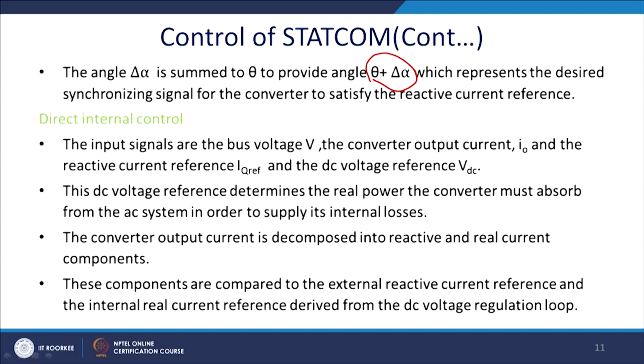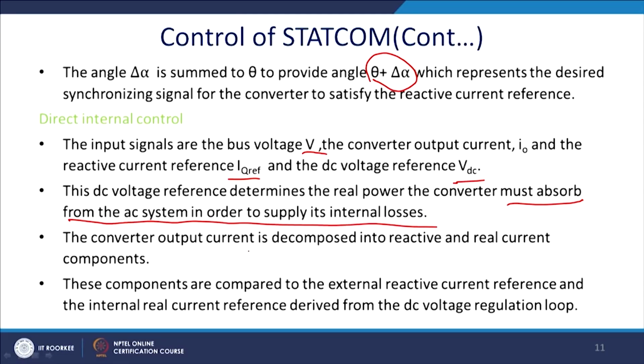The input signals are the bus voltage V, the converter output current I0, the reactive current reference IQ ref and the DC reference voltage VDC. This DC voltage reference determines the real power that the converter must absorb from the AC system in order to supply its internal losses.